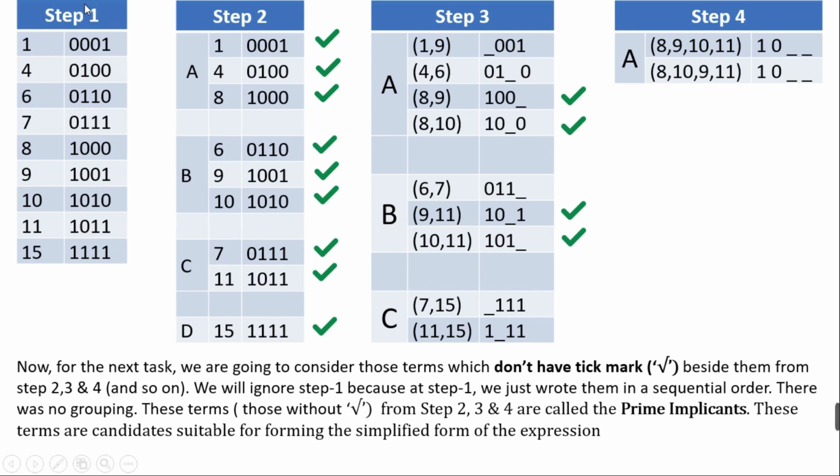So we're going to consider those terms which don't have tick marks beside them from steps 2, 3 and 4. These terms are important because they are known as prime implicants, and our next part of the problem actually depends on those prime implicants. So let's move on to our next task.